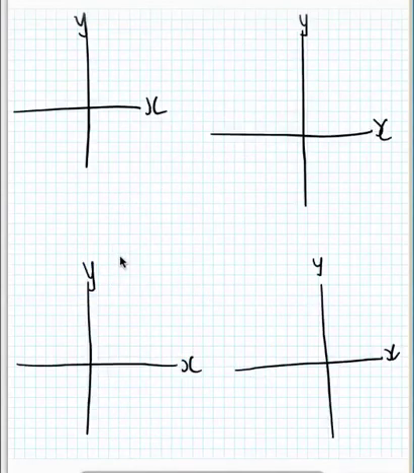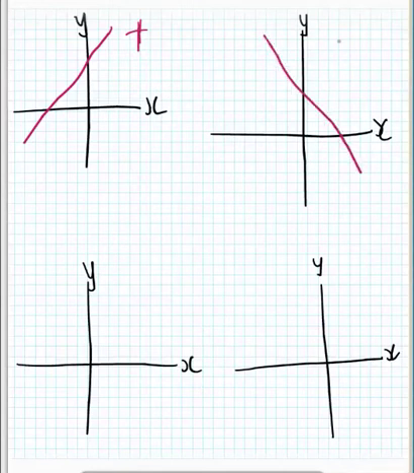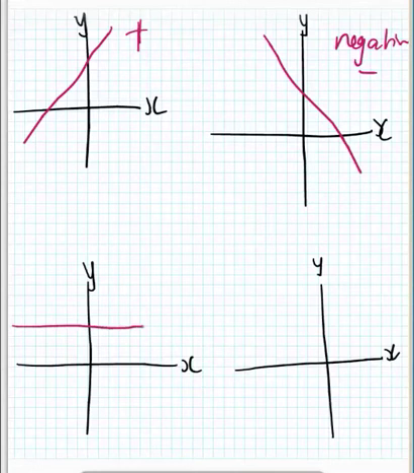So we have 4 graphs because there are 4 different types of gradients. The first one we looked at in the beginning of the unit was going up the hill, so that's a positive gradient. The opposite of positive is to go down the hill, so that was a negative gradient. The other option is we can just walk along the ground and not go up or down.